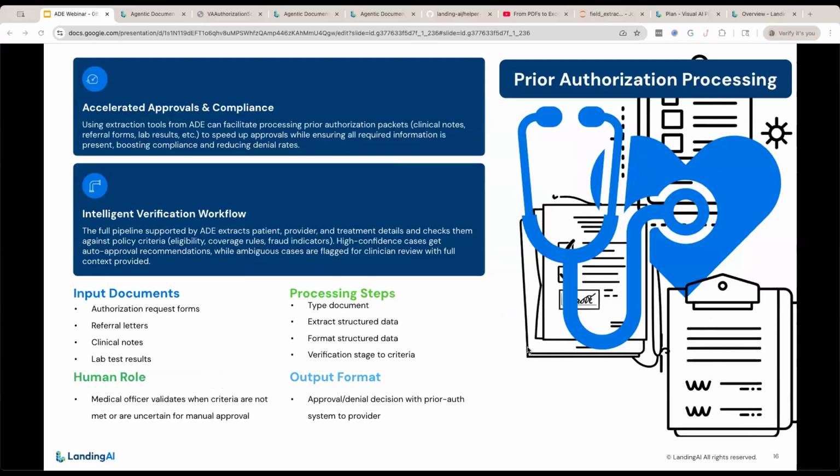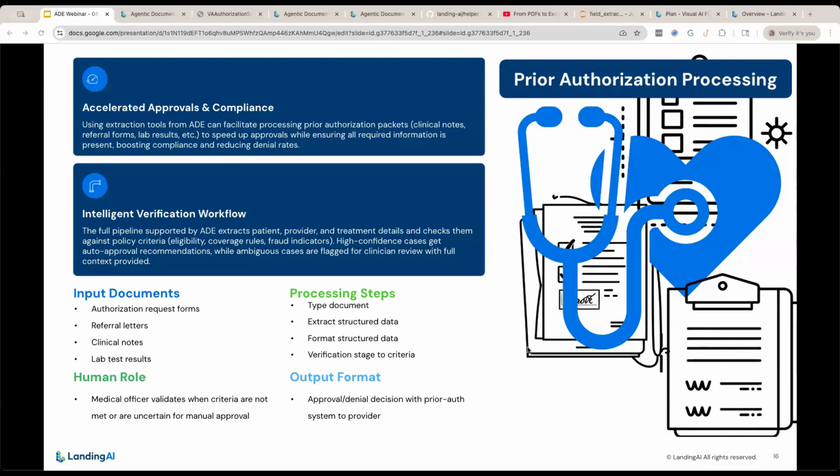So here we see that complex process for prior authorization. Someone will make a request. There may be many attachments that are ingested and classified, or not, depending on what key details are needed. The patient, provider, and treatment details are usually pulled out. The provider software actually checks them against coverage rules, policy criteria, and potential fraud indicators.